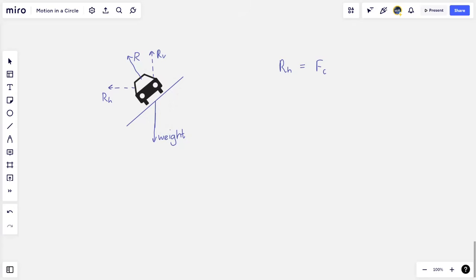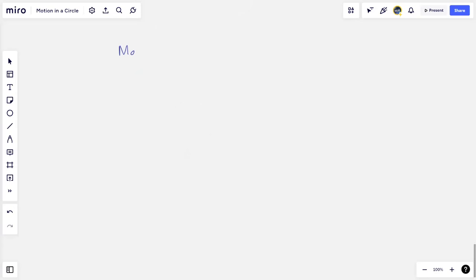So we took the same example of circular motion and applied it to something a little bit more complicated. We can also apply it to motion in a vertical circle. A simple example of a vertical circle would be a circular loop on a track.